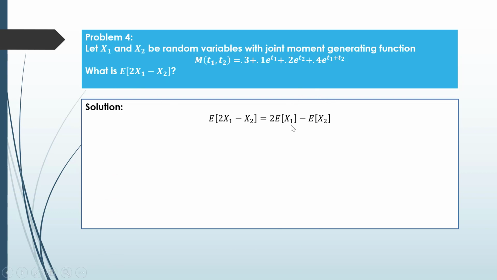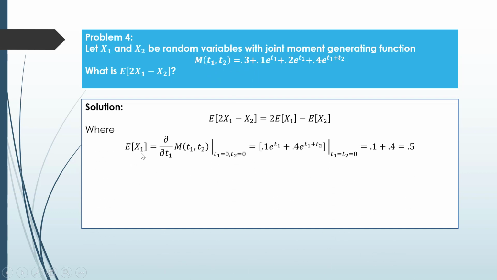Now to find E of x1 and E of x2, we basically partially differentiate the moment generating function with respect to t1 and then with respect to t2. The expected value of x1 is the partial derivative of the moment generating function with respect to t1 at the point 0, 0.